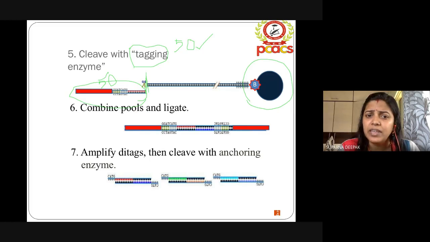Every time this end is going to remain the same for them, while the other ends differ. So when you have a pool of them and combine them together, this end can ligate together. You can see this molecule is joining with another.